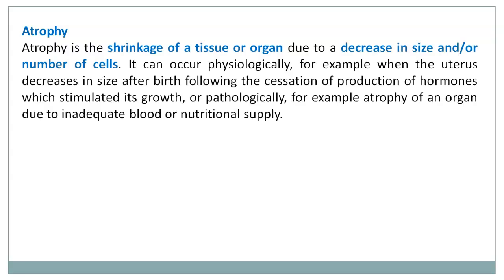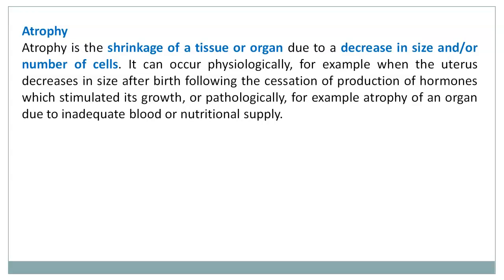So first is atrophy. Atrophy is the shrinkage of a tissue or organ due to a decrease in size and or number of cells. It can occur physiologically, for example, when the uterus decreases in size after birth following the cessation of production of hormones which stimulated its growth, or pathologically, for example, atrophy of an organ due to inadequate blood or nutritional supply.